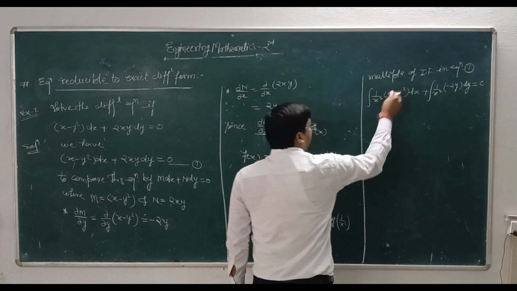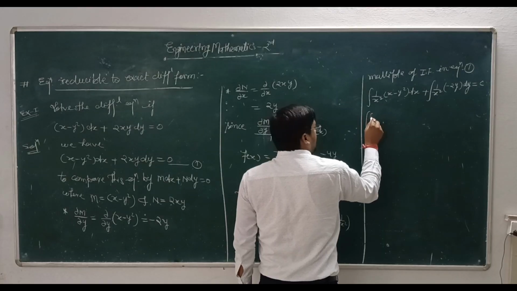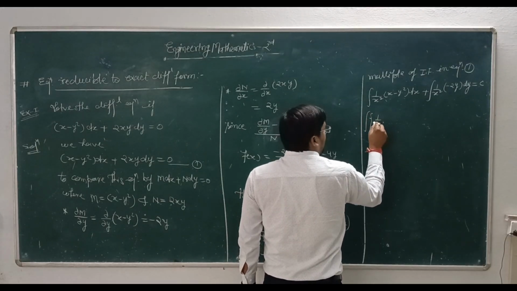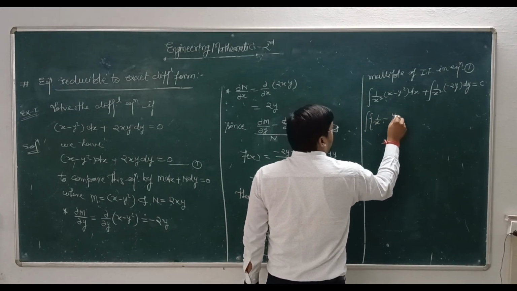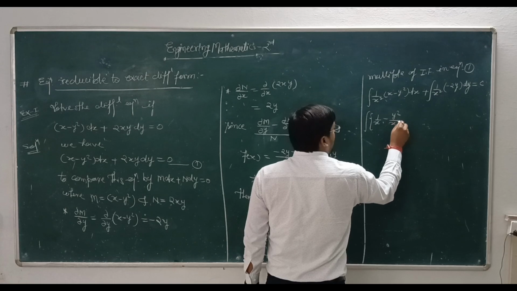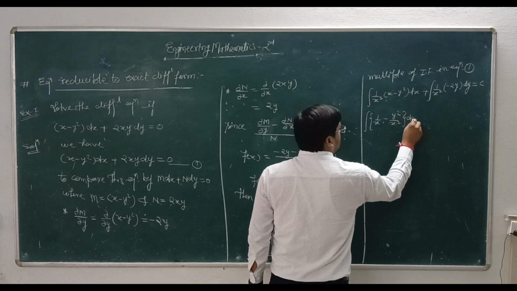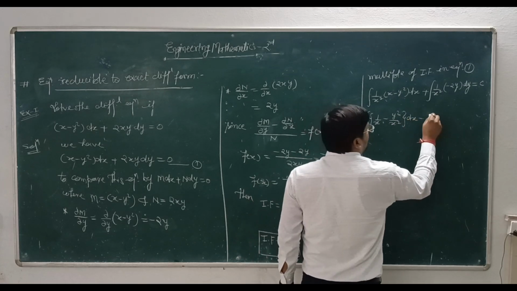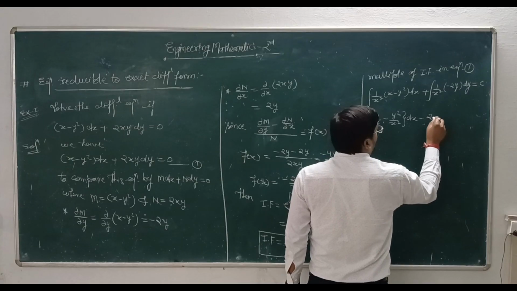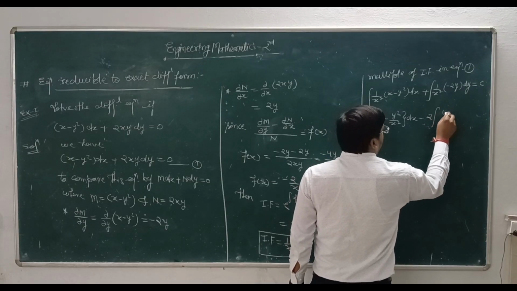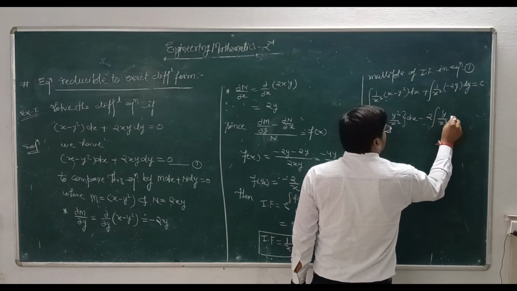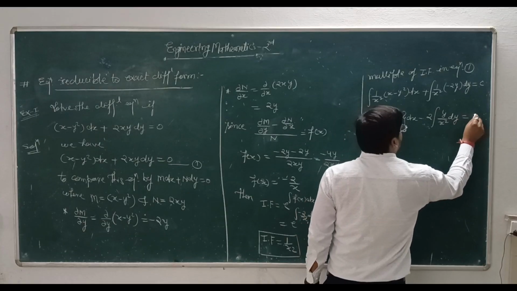So ∫(1/x − y²/x²) dx − 2∫(y/x) dy is equal to c.